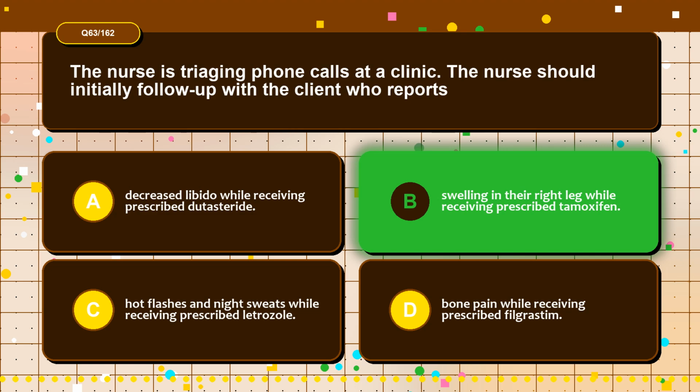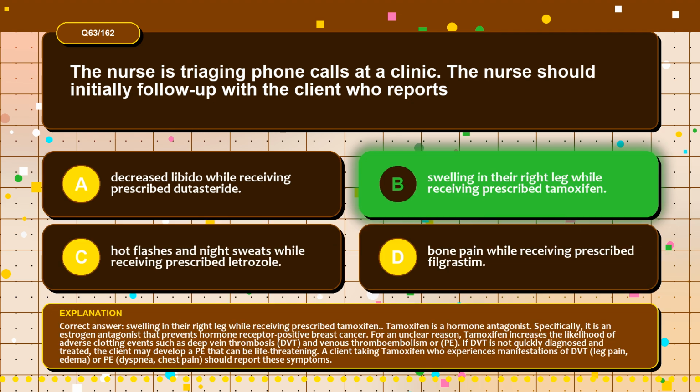The correct answer is option B: swelling in their right leg while receiving prescribed tamoxifen. Tamoxifen is a hormone antagonist. Specifically, it is an estrogen antagonist that prevents hormone receptor-positive breast cancer.